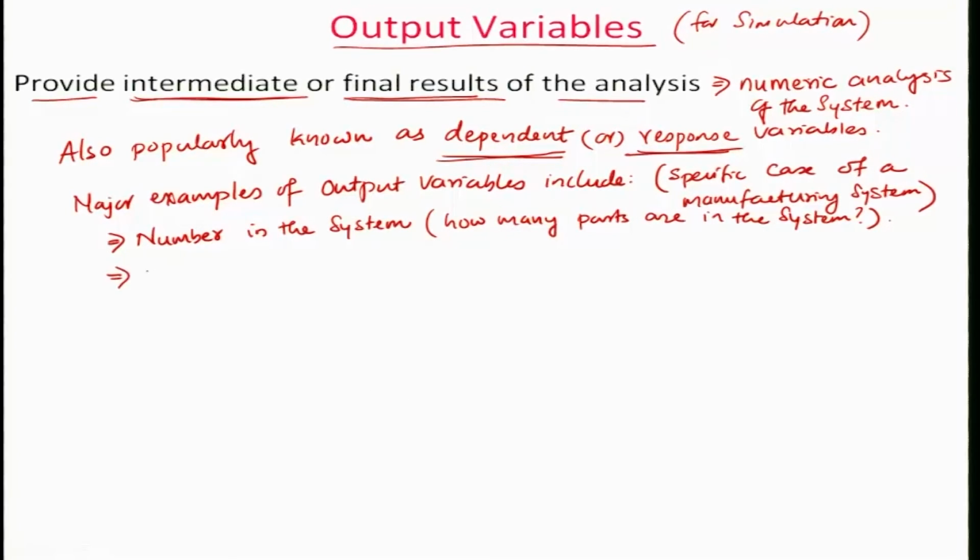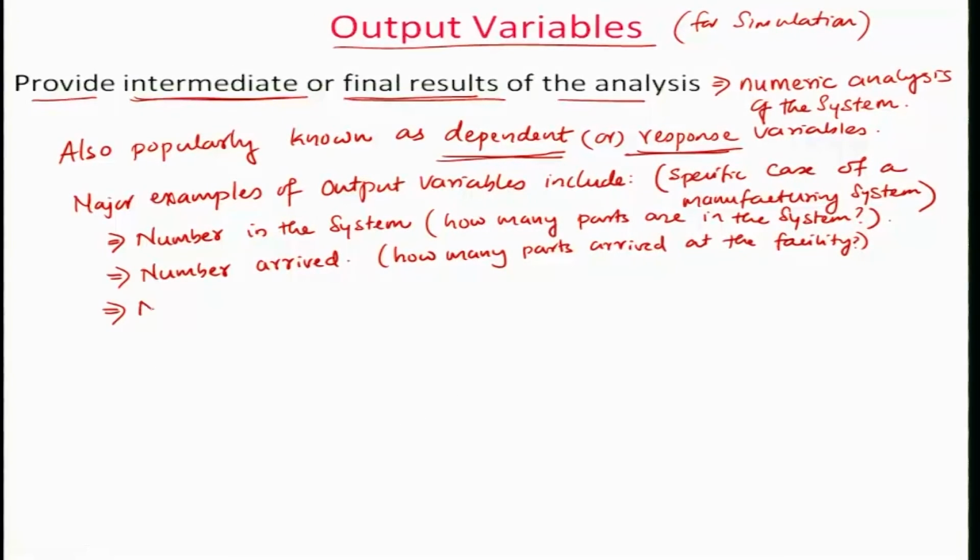Okay. Then number arrived. In a manufacturing system, it will be how many parts have arrived in the system, that will be the number arrived. How many parts arrived at the facility or the manufacturing factory. Okay. So, that is the number arrived part. Then number processed.